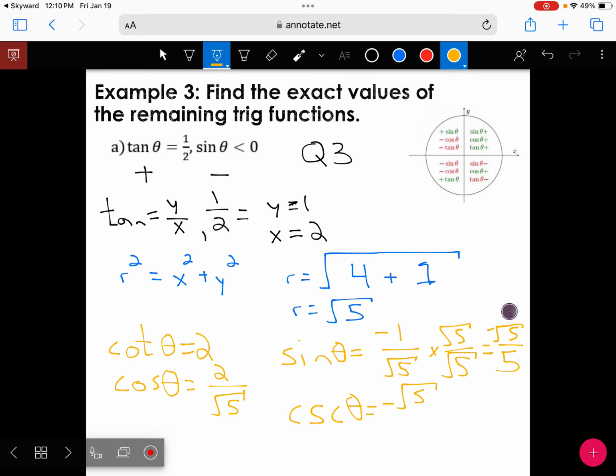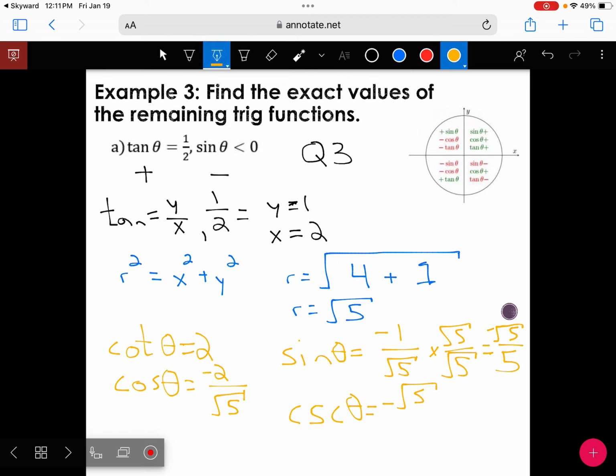And then the one other thing we have to add is a negative sign. Why do we have to make that negative? Yep, that first step when we said it, we were in quadrant 3. That's what we're figuring out right there. It tells us sine is negative and cosine is negative. So it's really important when you're figuring out the remaining trig functions that not only does that mean sine's negative, that also means cosine's going to be negative.